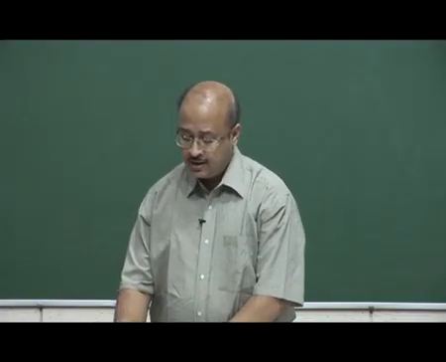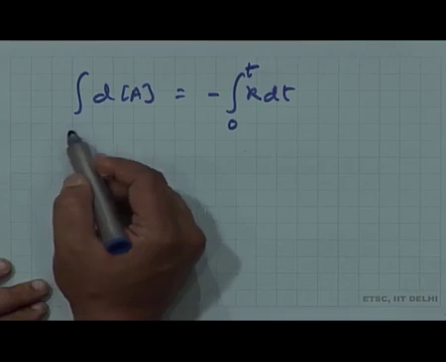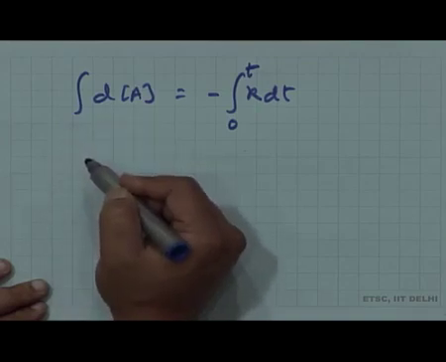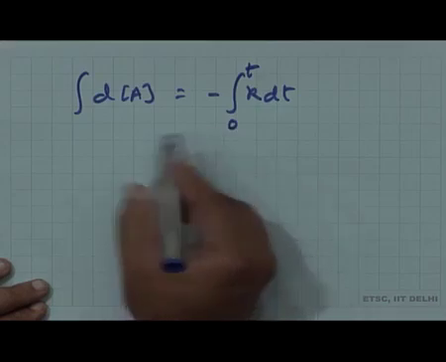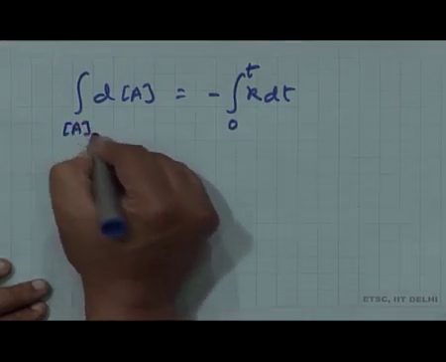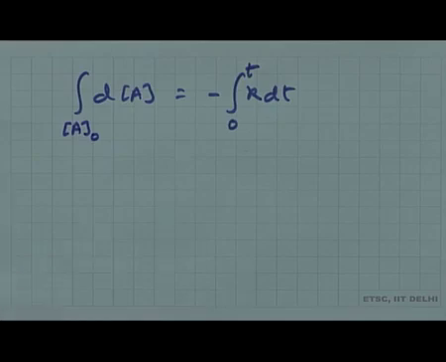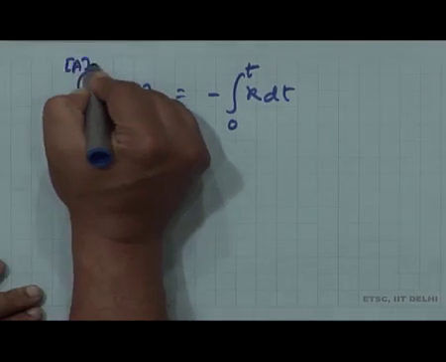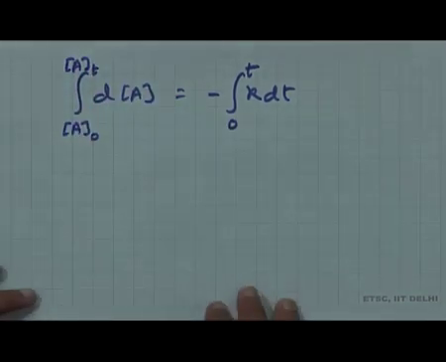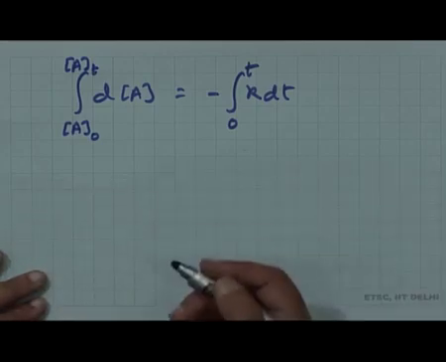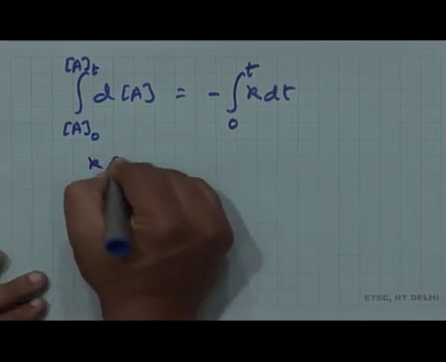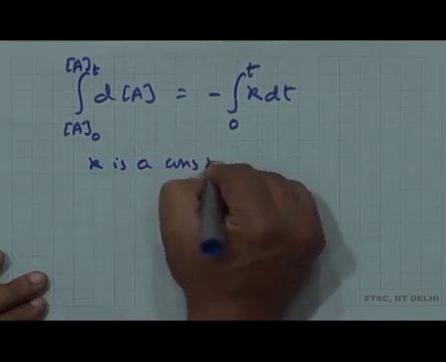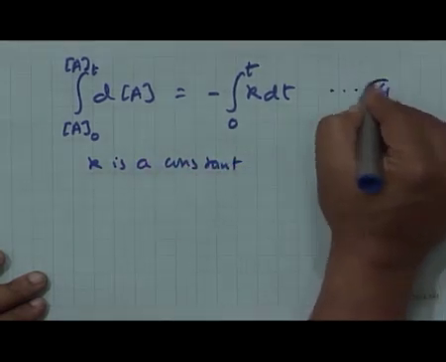Then what about the limits of integration for A, that means the concentration of the reactant? At time 0, the concentration of my reactant, which is my initial concentration, is given as A naught. Then at time t, my concentration of A can be represented as A t. Now I go ahead and do the integration, keeping in mind that K is a constant. Let this be equation 4.